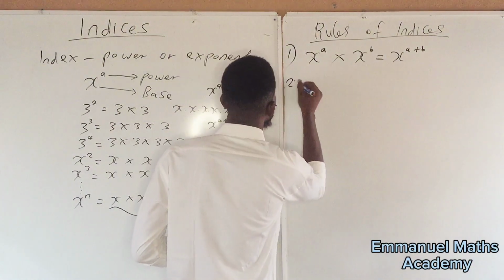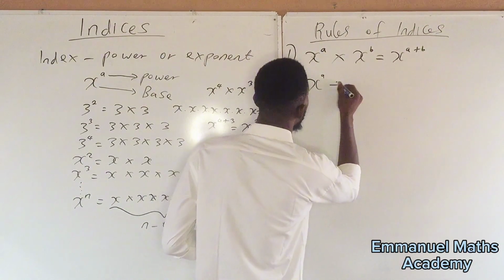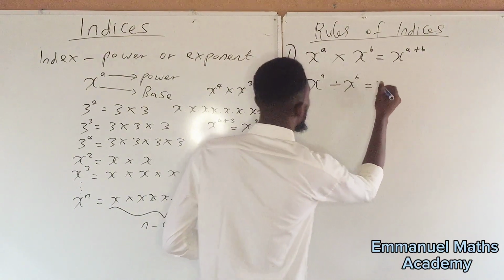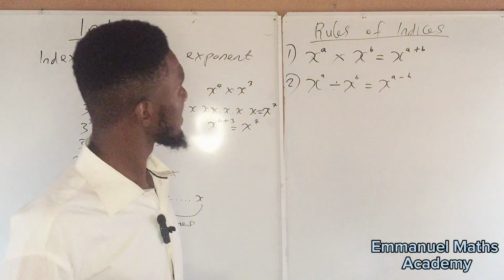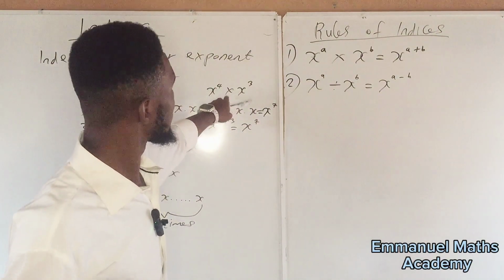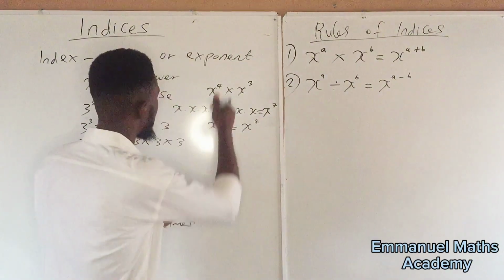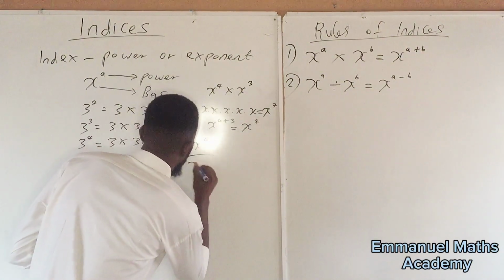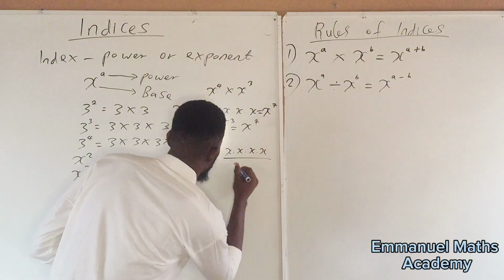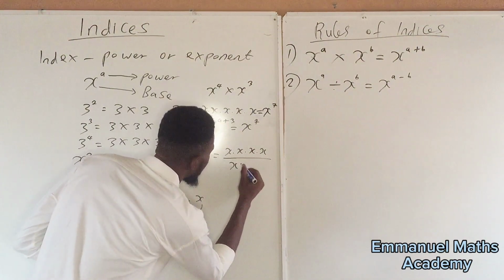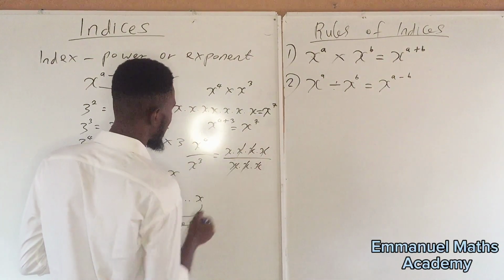Now, the second rule says if you have x raised to power a divided by x raised to power b is equal to x power a minus b, right? This can also be shown here. Maybe if you have x raised to power 4 and x raised to power 3, x raised to power 4 is x times x times x times x, over x raised to power 3, which is x times x times x. x will cancel x, x will cancel x, x will cancel x, right?